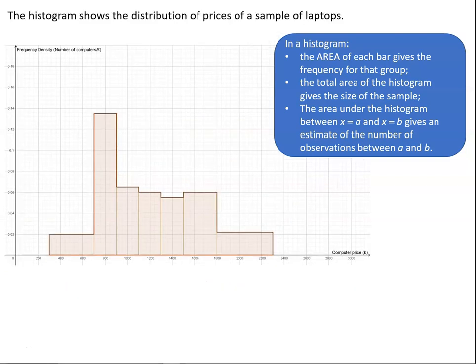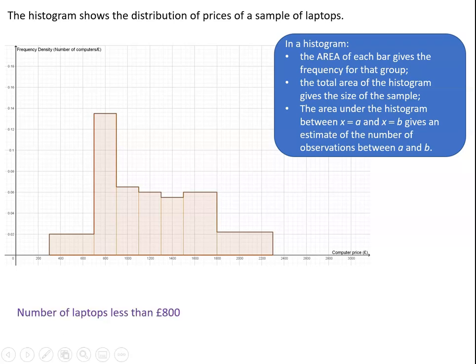If instead we want to estimate how many of the laptops cost less than £800, then we need to find the area underneath the graph between 300 and 800. And we can do that by working out the two areas again. So the area of the first block is 400 times 0.02.